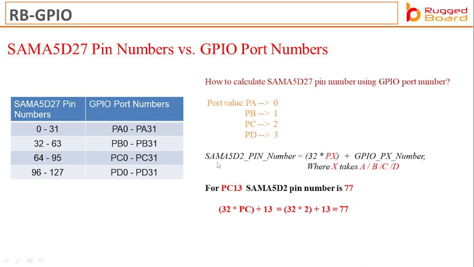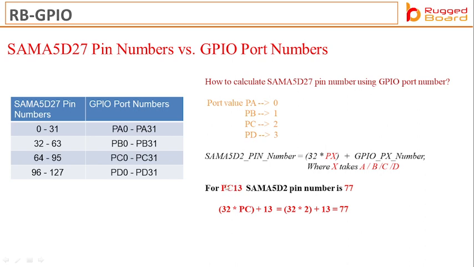To calculate the SAMA5D2 pin number, we use this formula: 32 times Px, where x takes the value A, B, C, or D, plus the GPIO Px number, that is the GPIO pin number. Let us understand this through one example. For PC13, the SAMA5D2 pin number is 77. How did we get this?